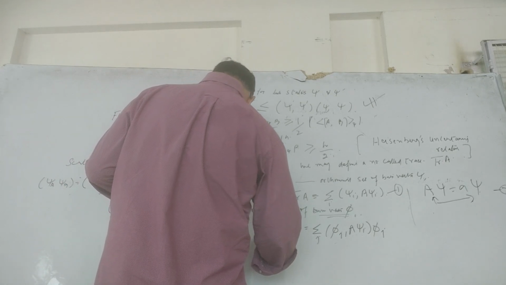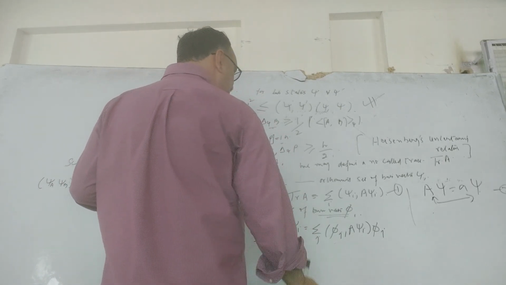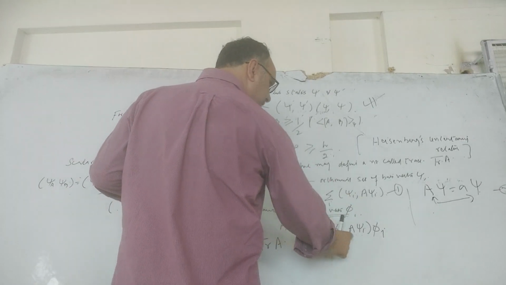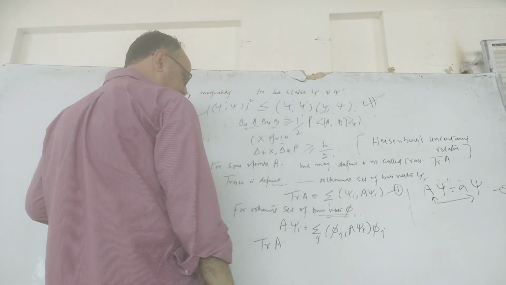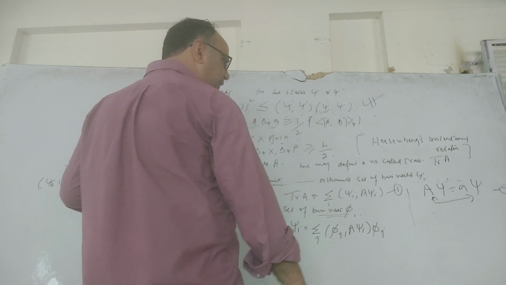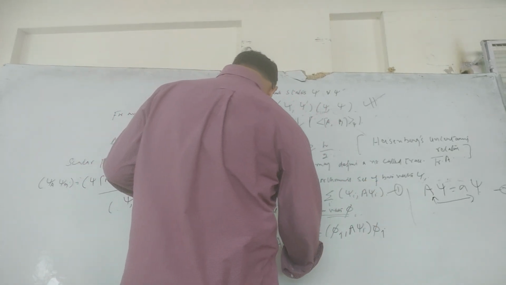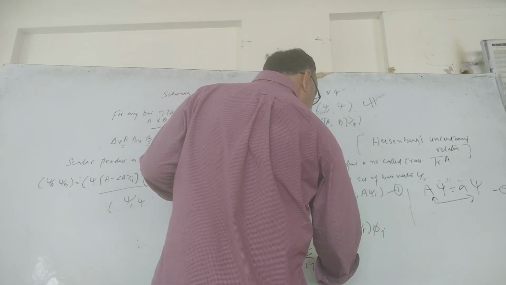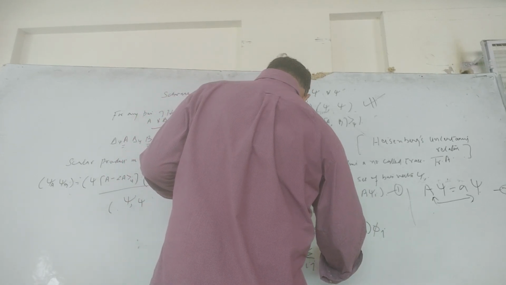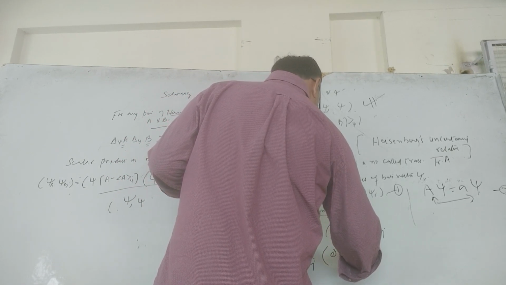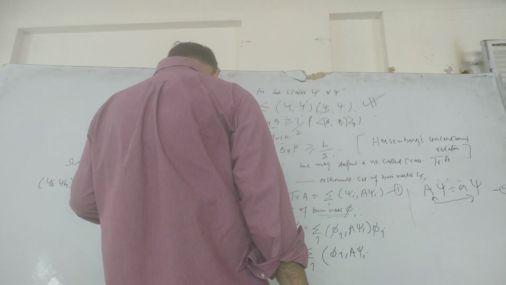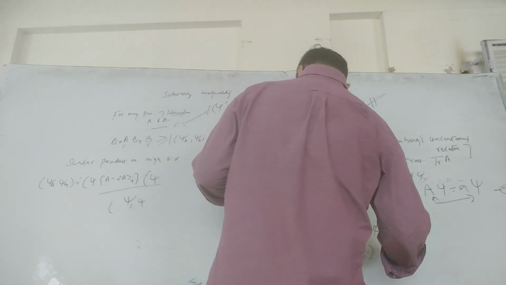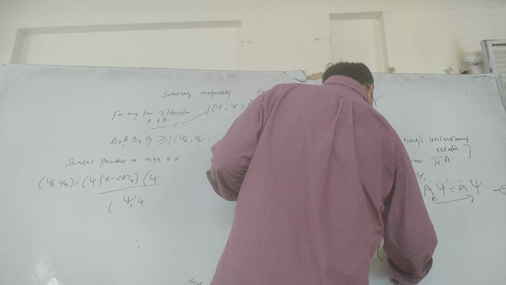So trace of A can be written as, with A psi i we are writing this, and psi i we can write this. So trace of A can be written, with i and j there, as phi j A psi i and psi i phi j.